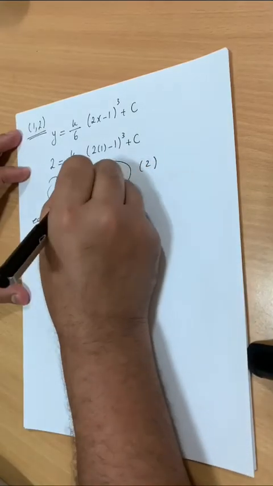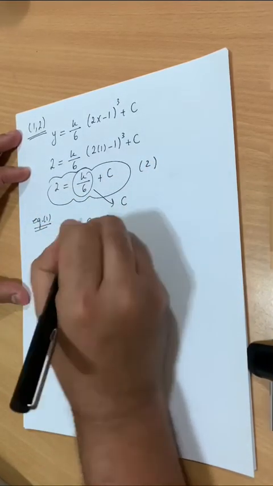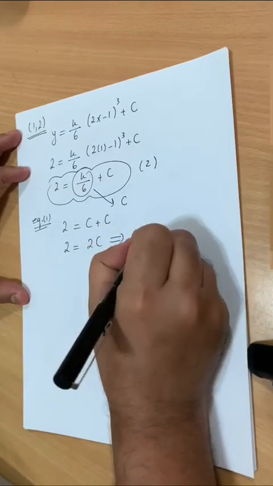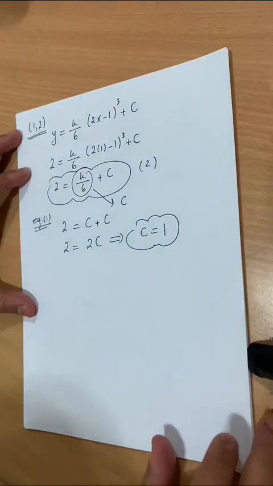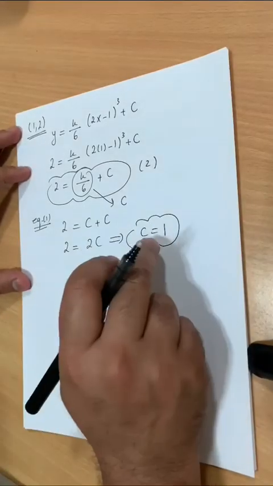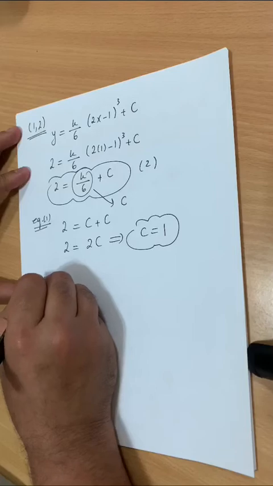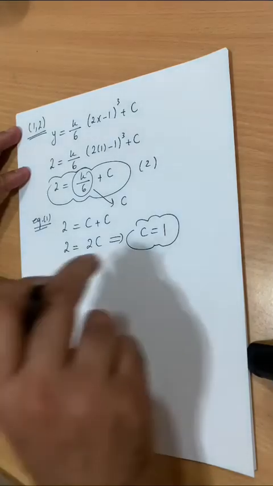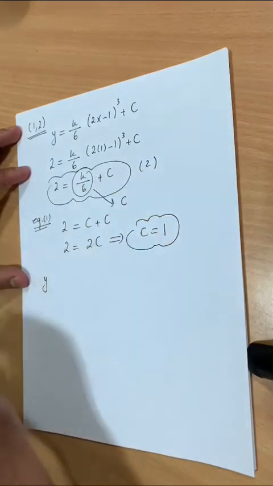From equation number 1, we got that k over 6 is equal to c. So 2 equals c plus c, which means 2 equals 2c, which means c is equal to 1. We got the value of c. Then you have to use c in one of the equations to get the value of k.